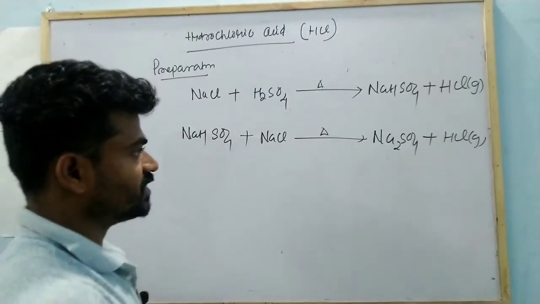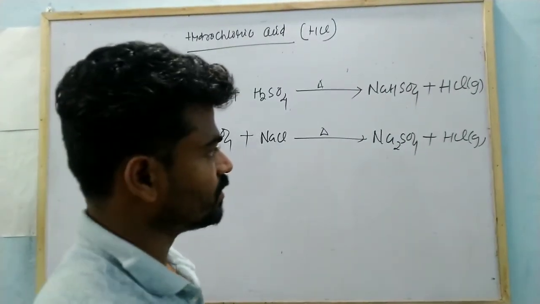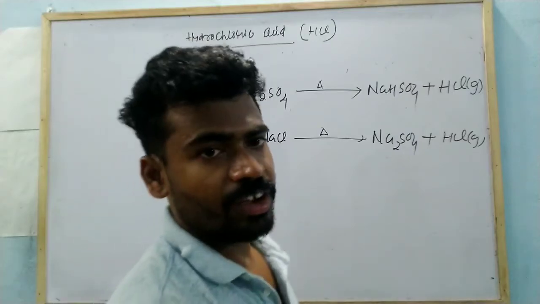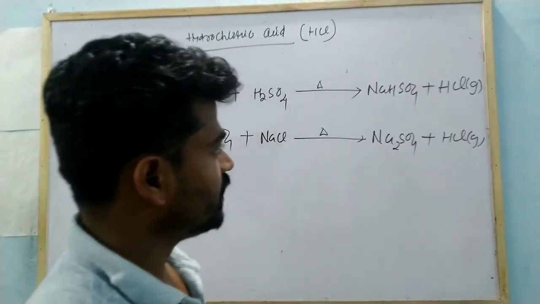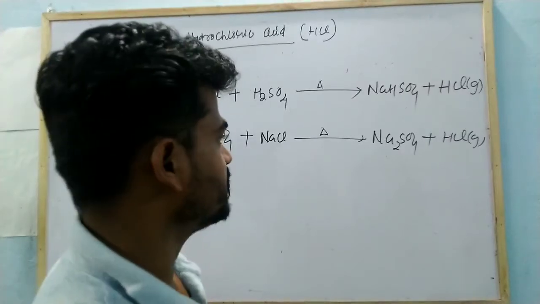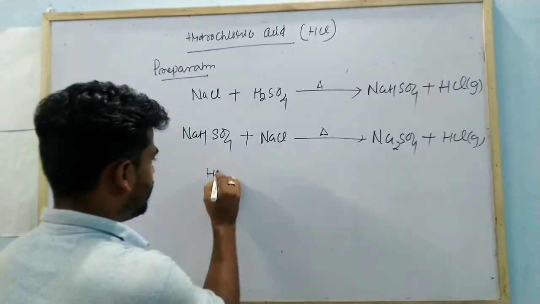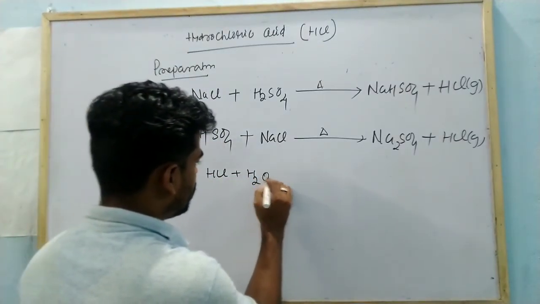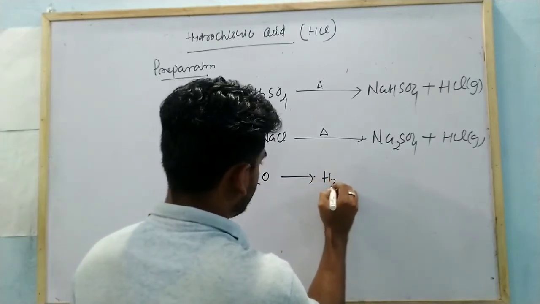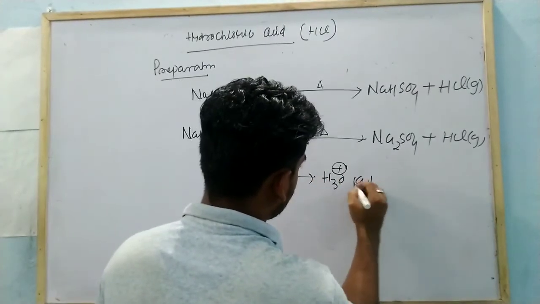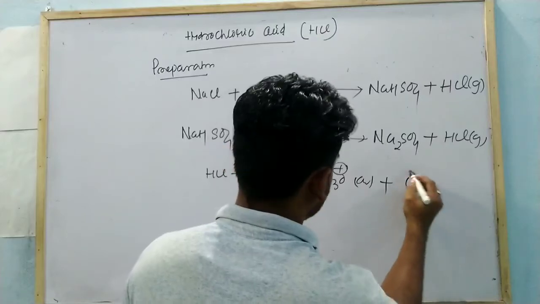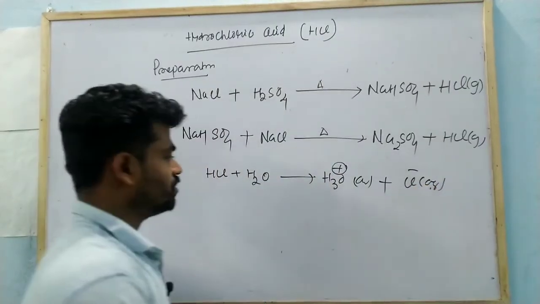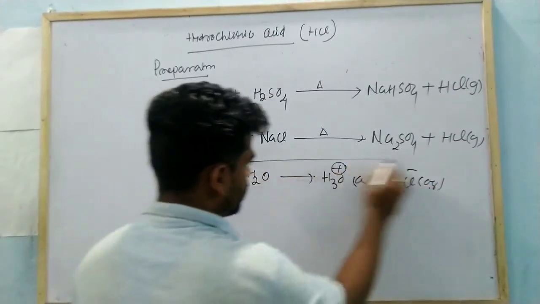This HCl gas is a colorless gas, and it can easily dissolve in water. It is regarded as a strong acid because HCl dissolved in water gives H3O+ hydroxonium ion plus Cl minus. So this one is a strong acid.